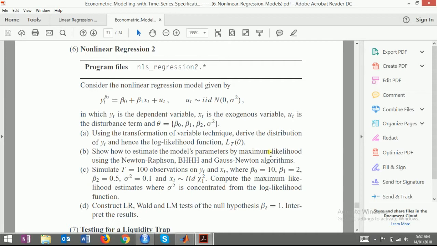Then we need to do 100 simulations with the given beta naught, beta 1, beta 2, sigma square values, where the exogenous variable is IID chi-square. We want to find the concentrated sigma square from the log likelihood function. It is a combination of all the things we did before.